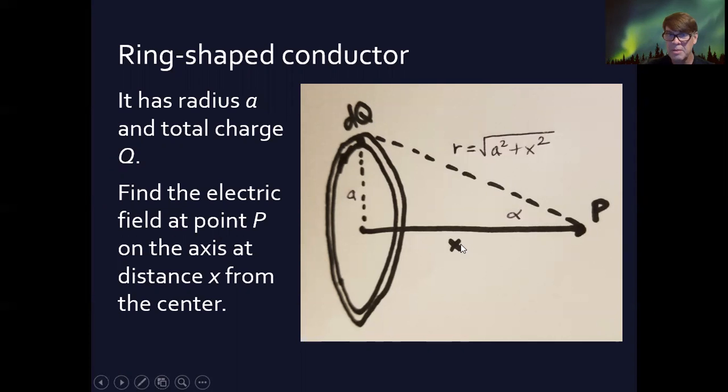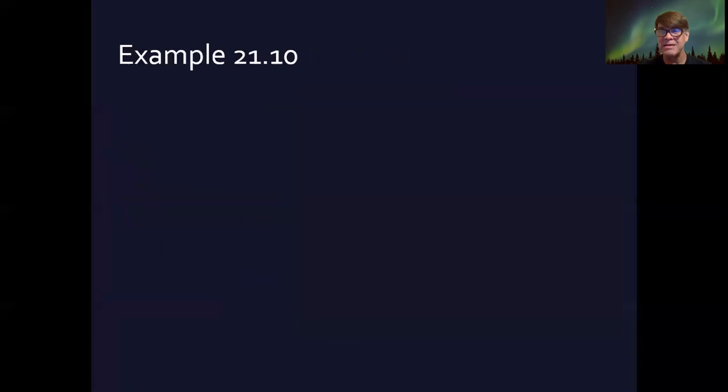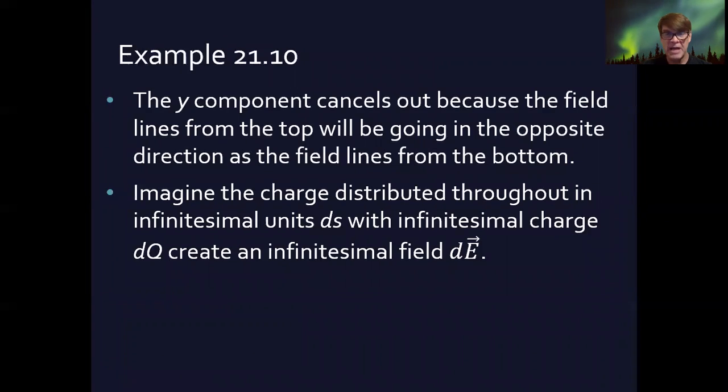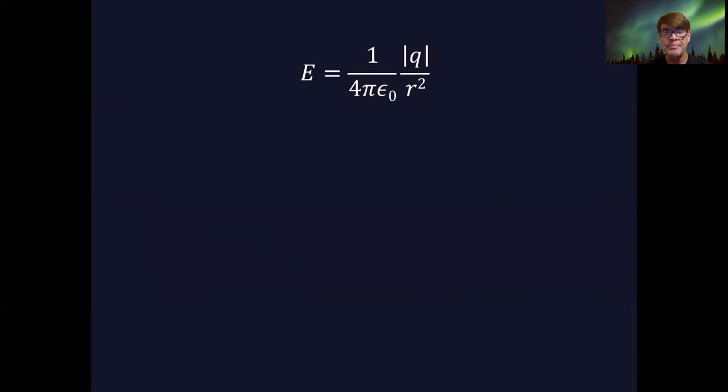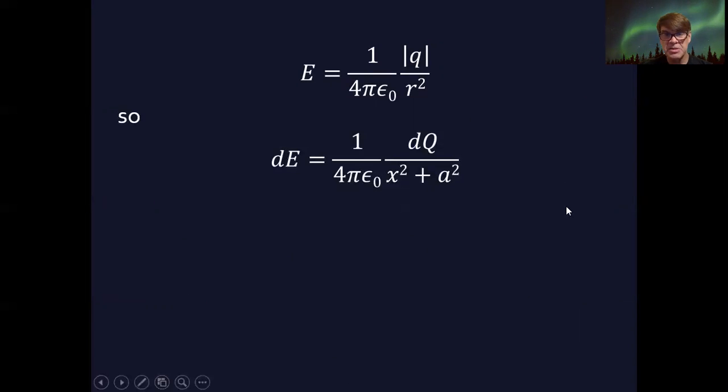So a squared plus x squared, the square root of that is going to be r. It's the Pythagorean theorem. Again, that's paying off. Glad I learned that back in middle school. So r squared is x squared plus a squared. Okay, so there we have the infinitesimal equation.